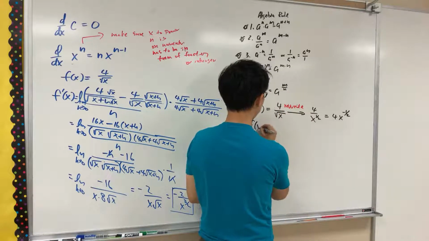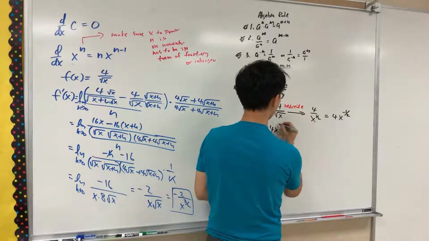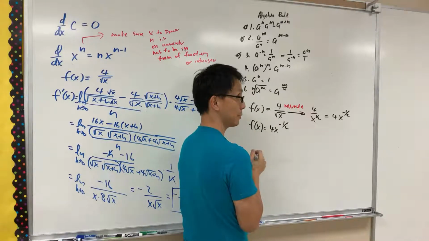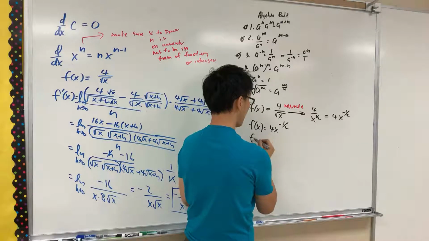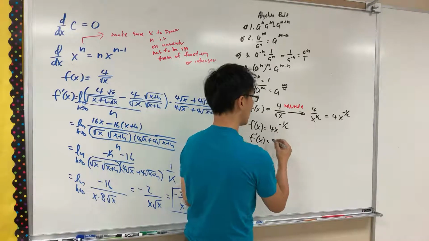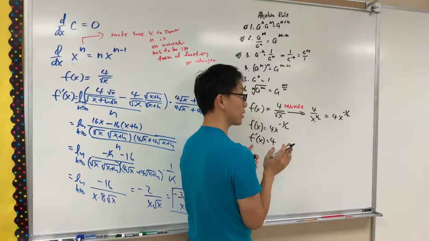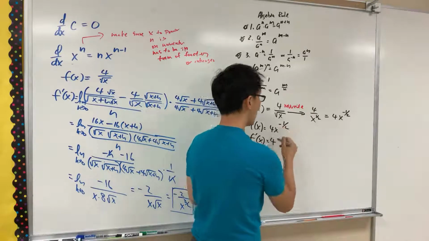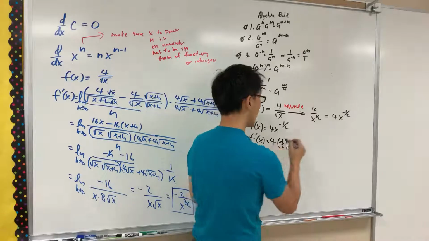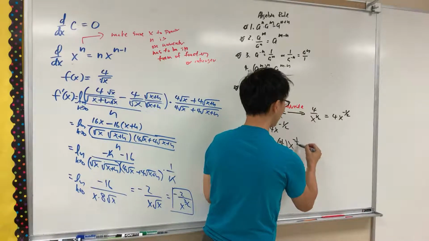Now I have a new function, 4x to the negative 1/2. Now I can take a derivative. The 4 is going to stay there, the 4 is always there, it never goes away. That negative 1/2 is going to drop down, and x to the negative 1/2, subtract 1.